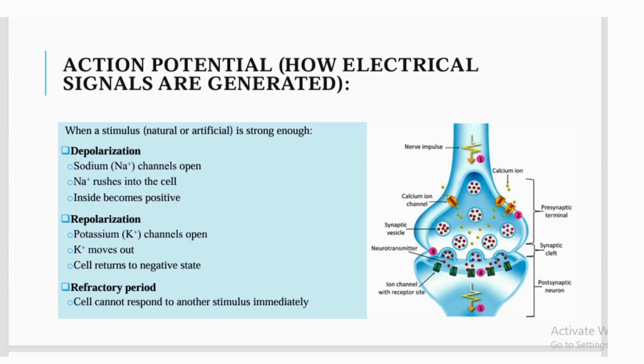The next one is repolarization, in which the potassium channels open, potassium moves out of the cell, and the cell returns to the negative state. And the third one is the refractory period, in which the cell cannot respond to another stimulus immediately, right?